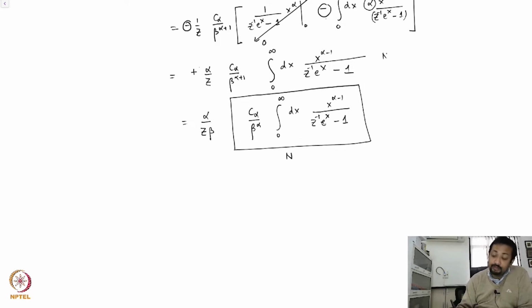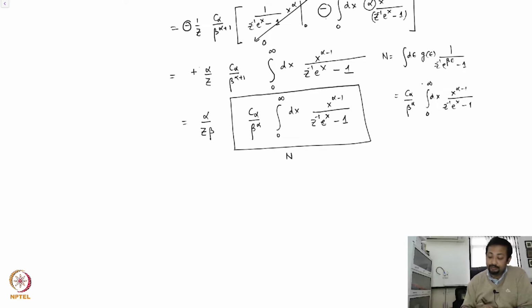So particle number n was integration d epsilon g epsilon 1 over z inverse e to the power beta epsilon minus 1. And if you substitute for epsilon to the power alpha minus 1, you are going to get C alpha divided by beta alpha, dx x to the power alpha minus 1 over z inverse e to the power x minus 1, 0 to infinity.